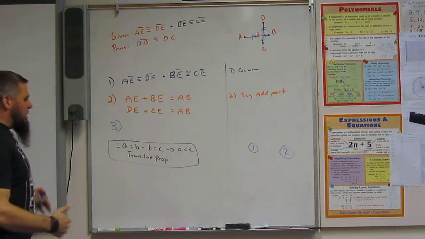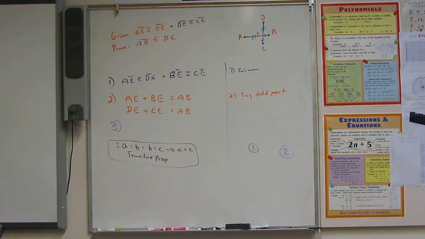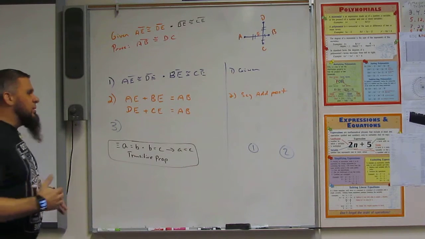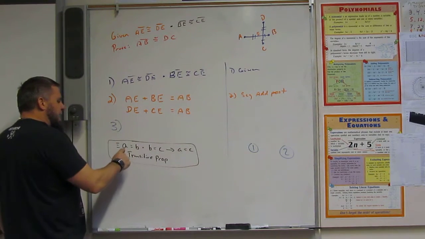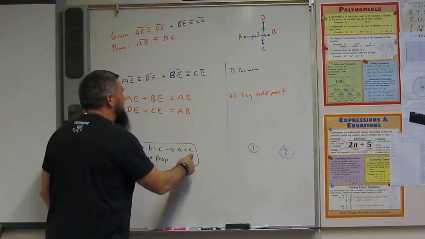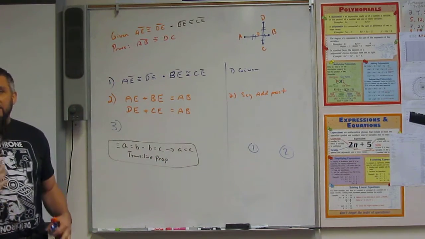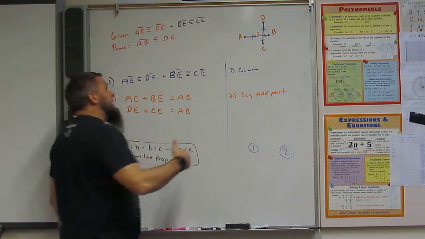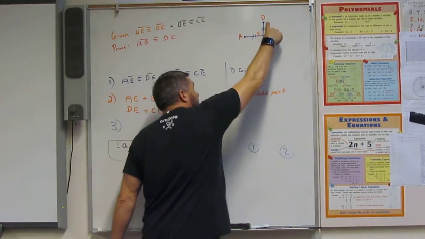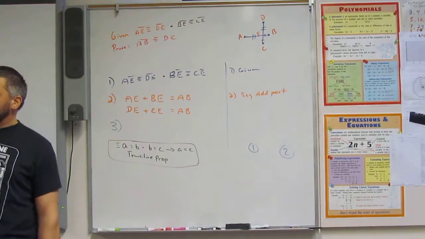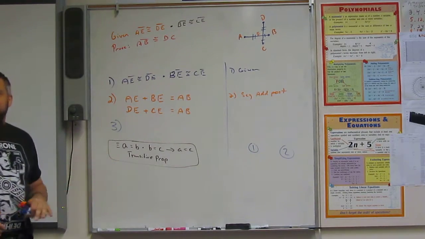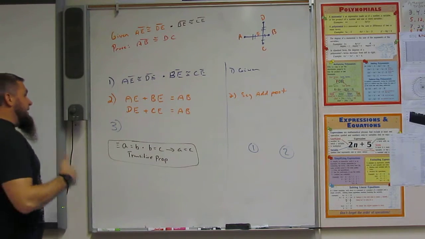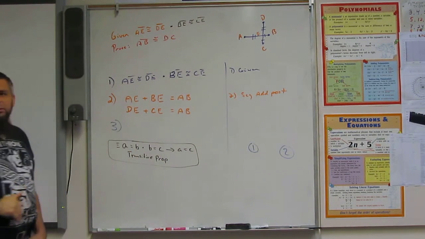I want to try to fit in the transitive property at some point, because I know I'm going to end up with something like it: if A equals B and B equals C, then A equals C. The whole point here is to make sure that AB is congruent to DC. Now, I need something first, before I can move to the transitive property. And I need that from 1.